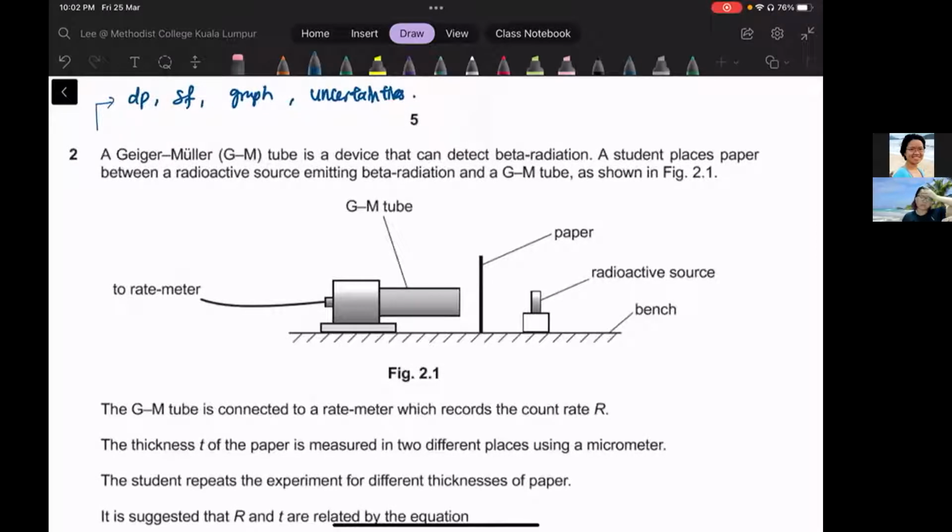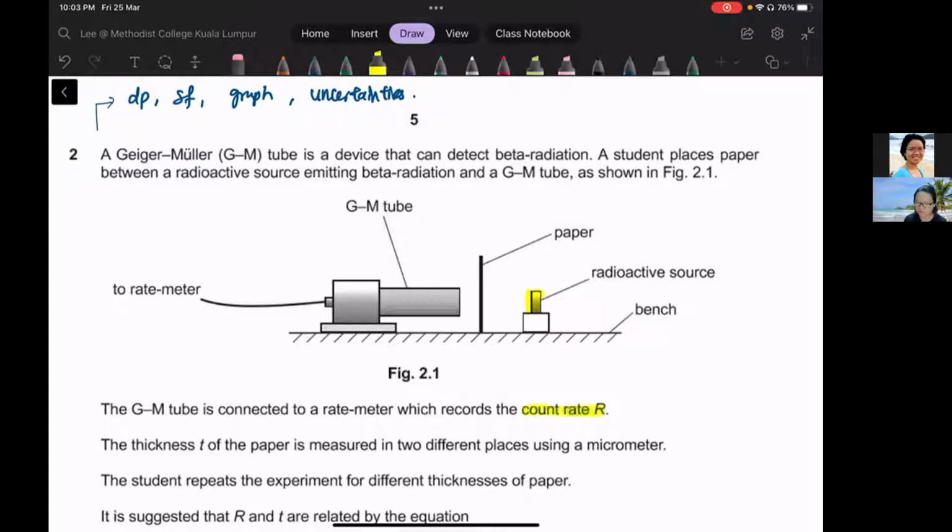So for this one, they will again tell you a story that you may or may not have seen before. Here, there's a Geiger-Müller tube that can detect beta radiation. Your radioactive source is here. The student places a paper between the radioactive source and the tube, assuming to block some of the beta particles. The GM tube is connected to a rate meter, which records the count rate.